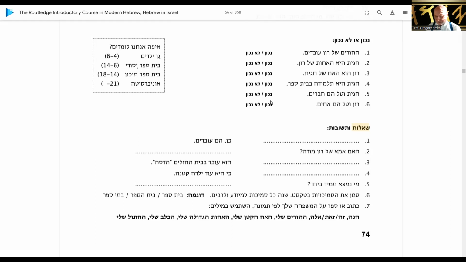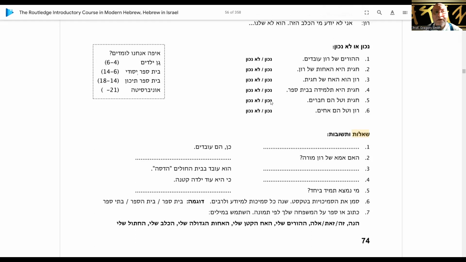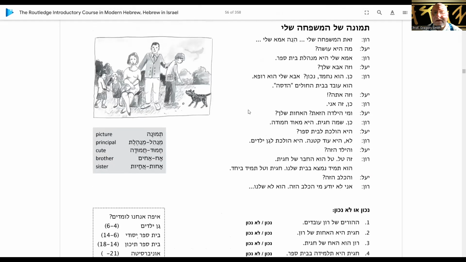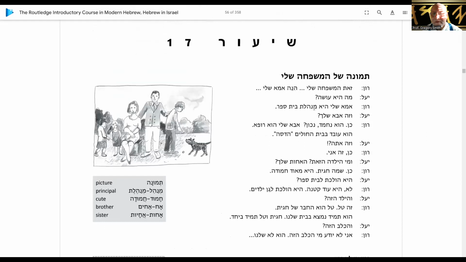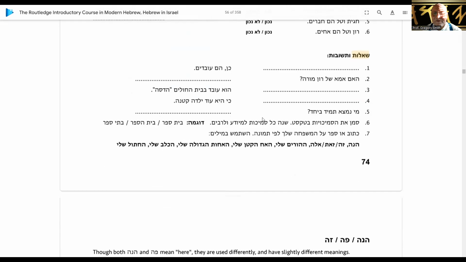If I can come up with this, lo, ima shel Ron, and it's going to be minahelet beit sefer. Minahelet beit sefer. Yeah, that's right. לא אמא של רון מנהלת בית ספר. Okay, so let's put that in there.